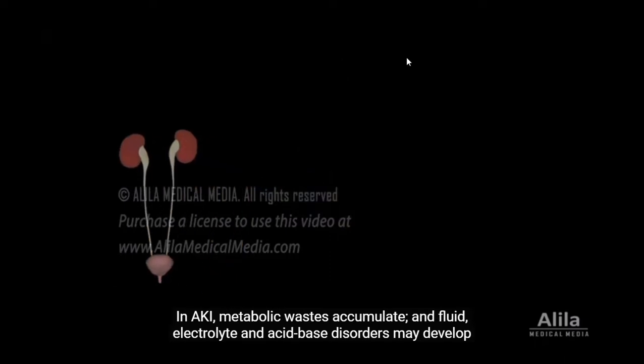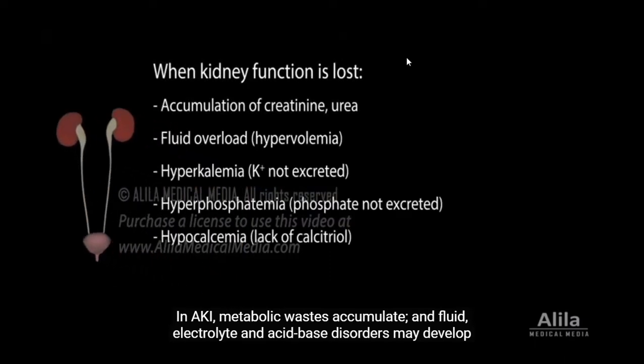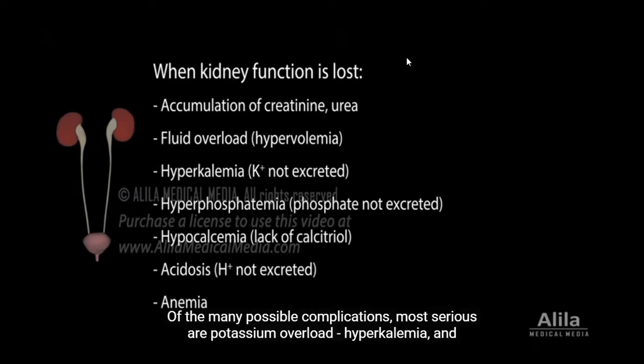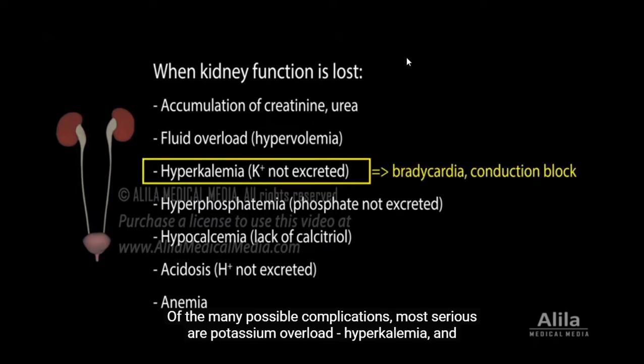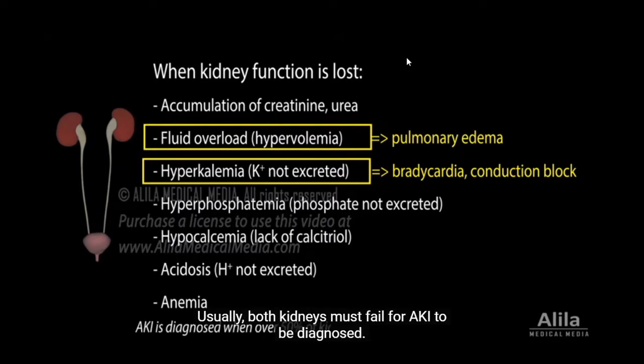In AKI, metabolic wastes accumulate, and fluid, electrolyte, and acid-base disorders may develop quickly. Of the many possible complications, most serious are potassium overload, hyperkalemia, and excess of fluid volume, or hypervolemia. Usually both kidneys must fail for AKI to be diagnosed.